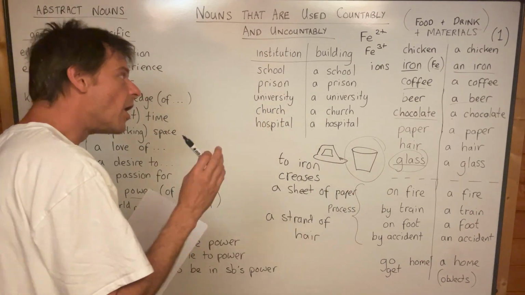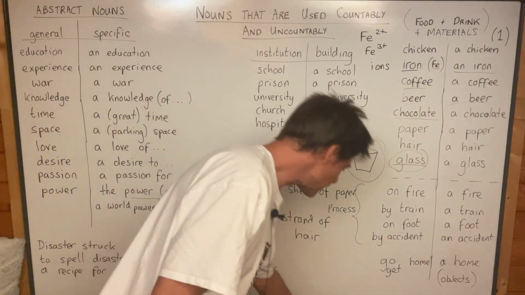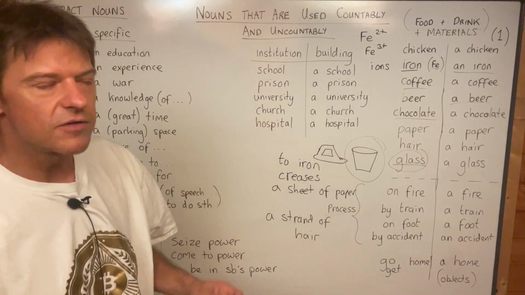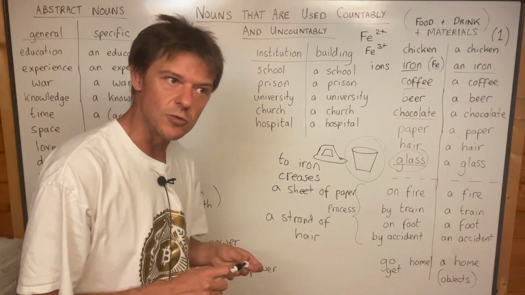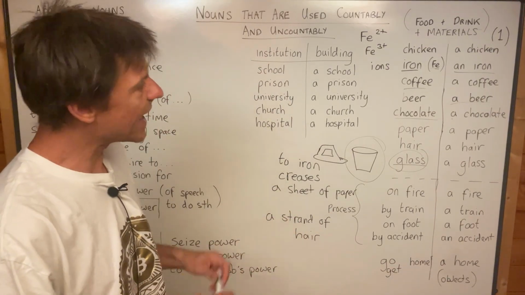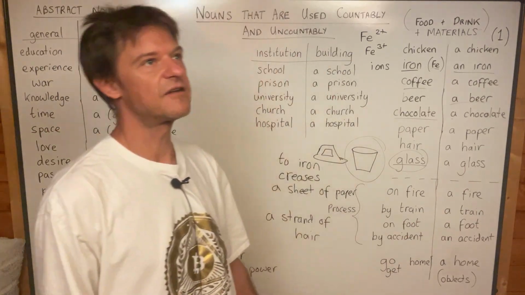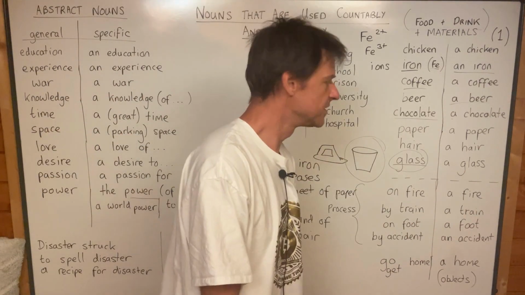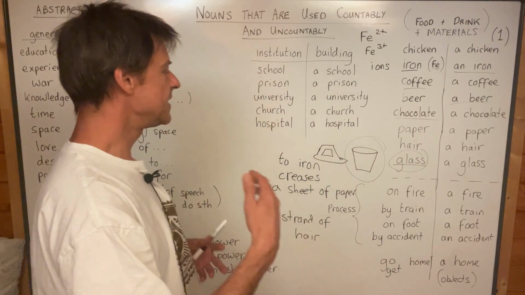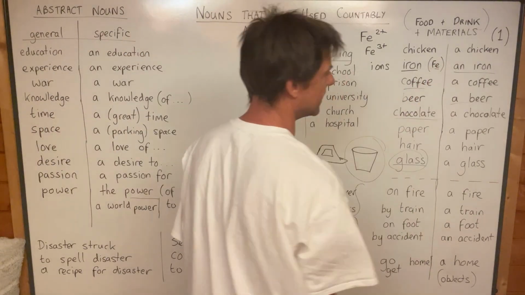Okay, now I wanted to go a little bit further here because there's more. There's a longer story to be told if you want to hear it, because actually even a word like fire is like this. Fire is a material, let's say.